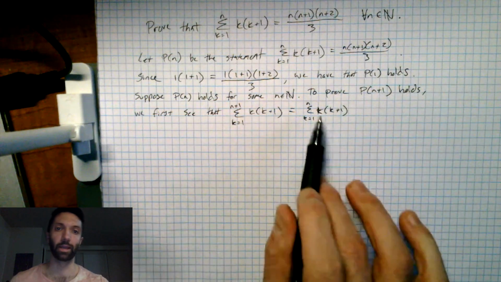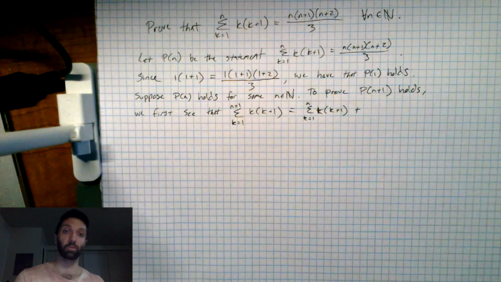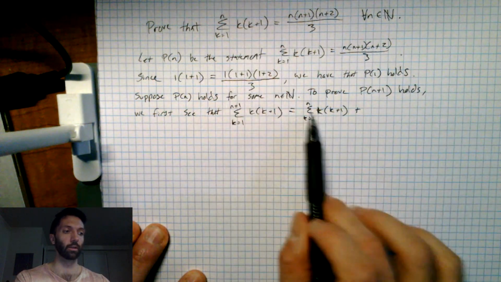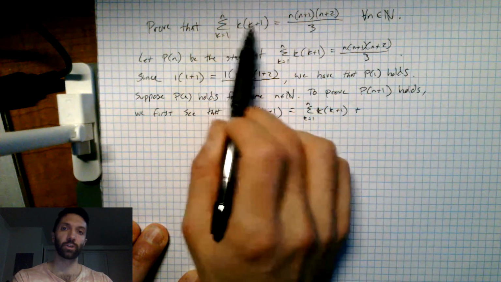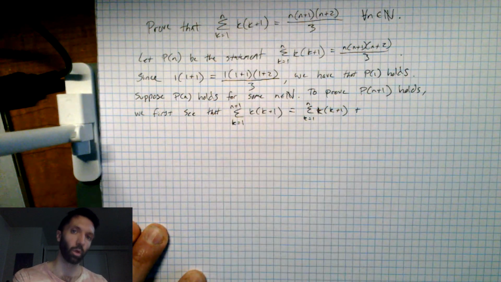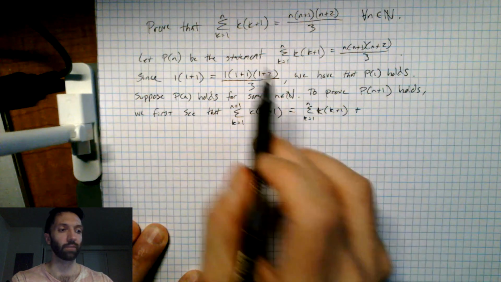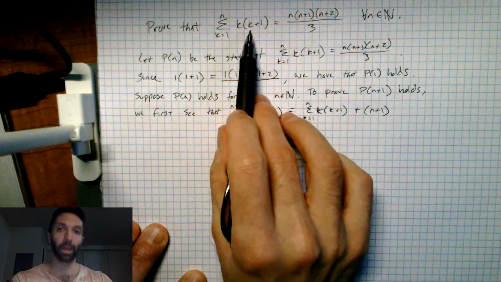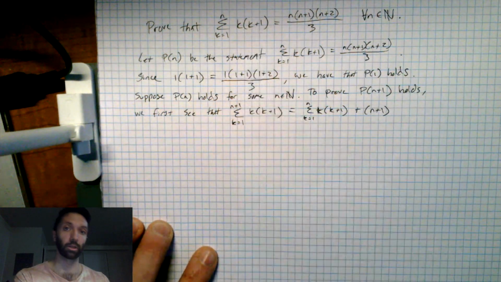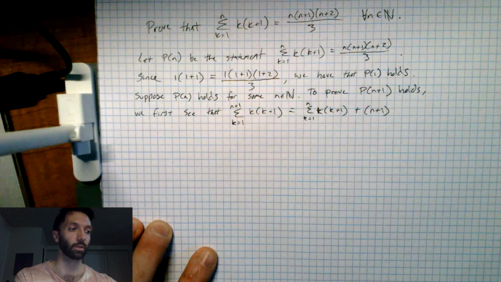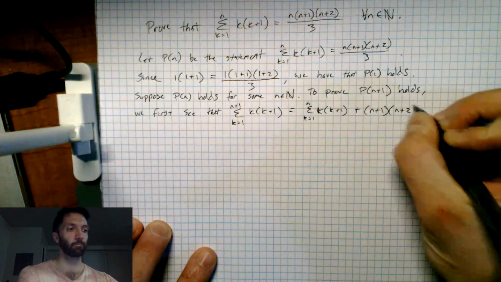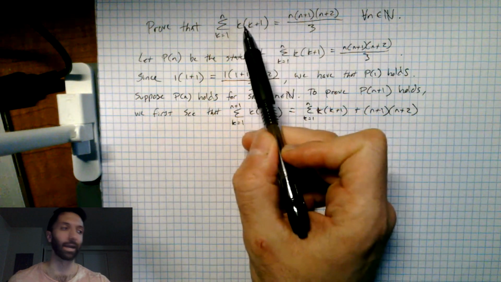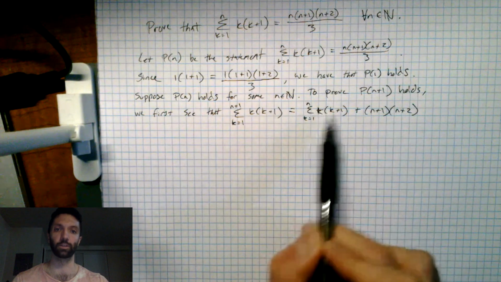And so what I'm going to do now is add to this summation this expression, but I'm going to substitute n plus 1 in for my k's. So instead of a k, I'm going to write n plus 1. And then instead of my k plus 1, I'm going to write n plus 1 plus 1, which is going to be n plus 2. So all I did was substitute n plus 1 in for my k's, and I added that case onto the summation ending at n.